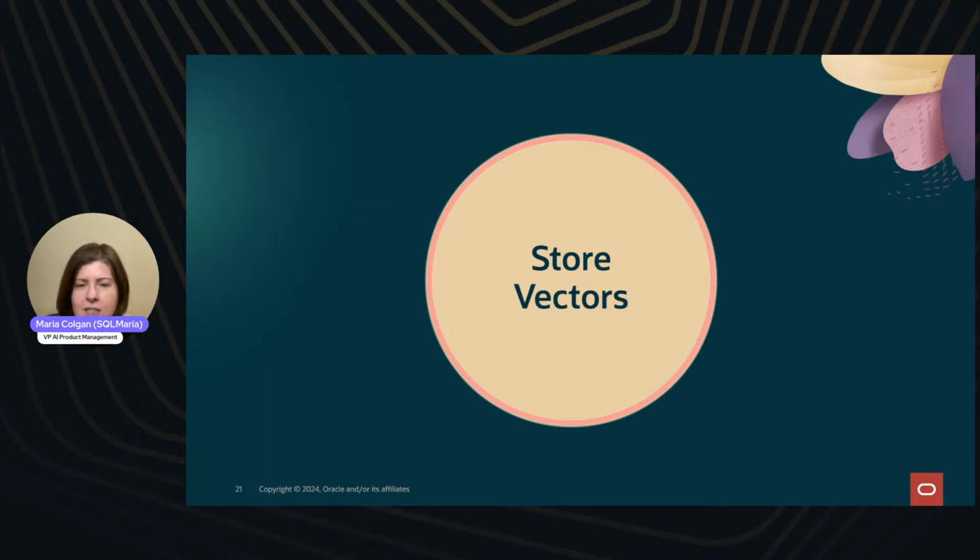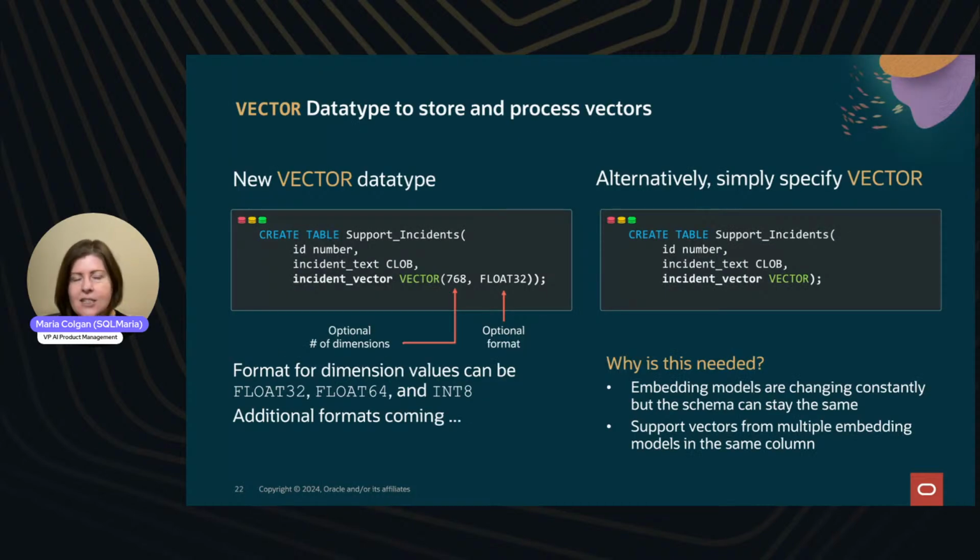So what does it look like to store these vectors? Now that I know how to generate them, where am I going to put them? Well, like I said, we have this new data type. So when you create a table, you simply create an extra column where you're going to store those vectors. Now you can get very complicated with this. You can tell me exactly how many dimensions you're expecting to be in each of your vectors, what the optimal format is to store the vectors.